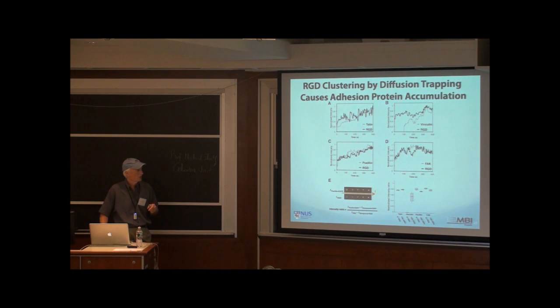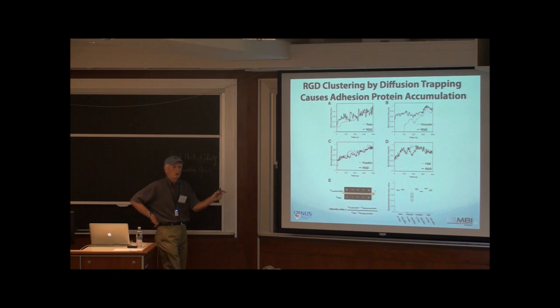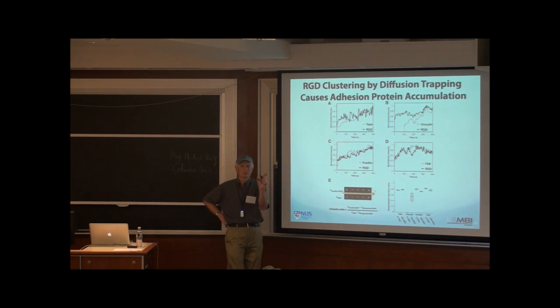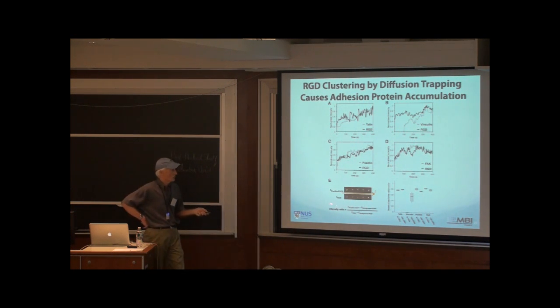Oh, one other point I forgot to bring up is that the growth of these clusters occurs independent of that actomyosin contraction. So we can inhibit actin polymerization, we can inhibit myosin, the clusters still grow, and they still accumulate cytoplasmic proteins such as talin, paxillin, and focal adhesion kinase in rough correspondence with the accumulation of RGD.